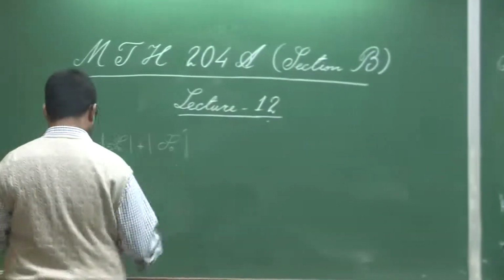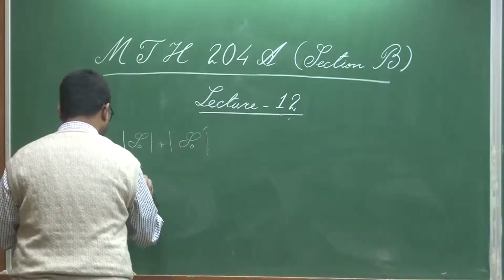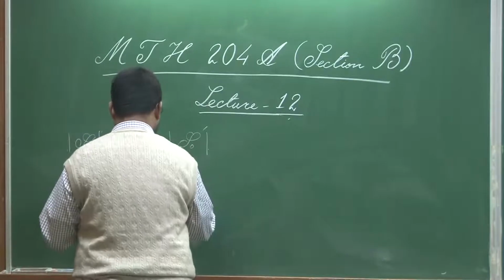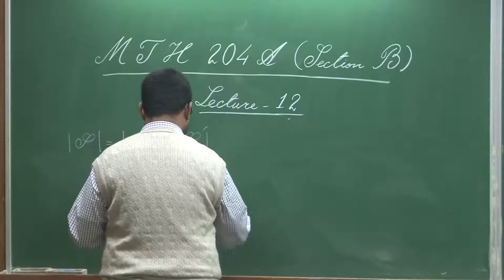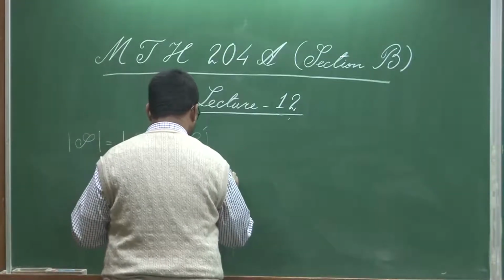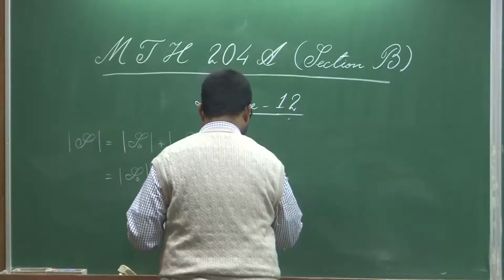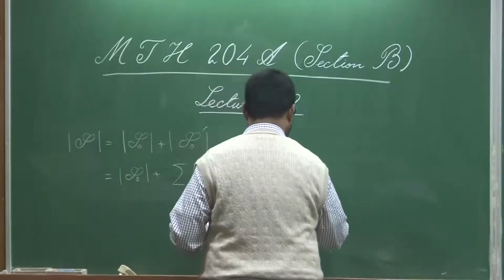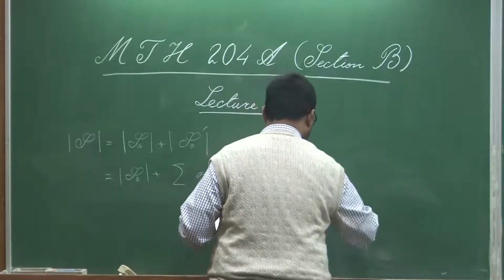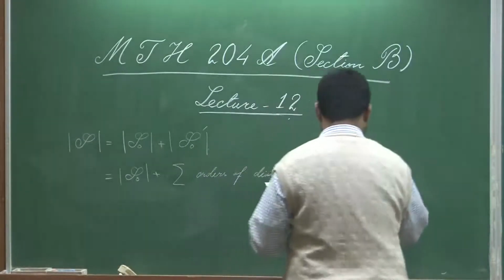So, what does that give us? Particularly, let me write it for you: the sum of the orders of distinct orbits of this action.